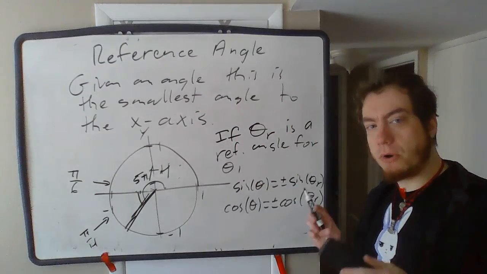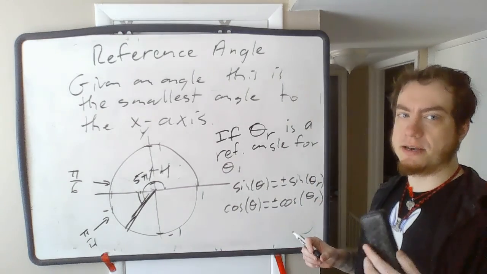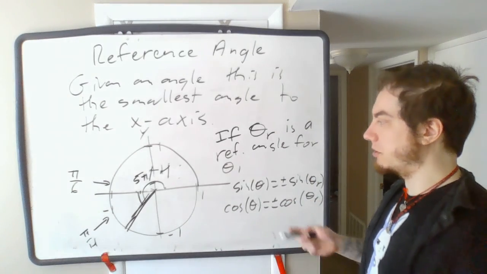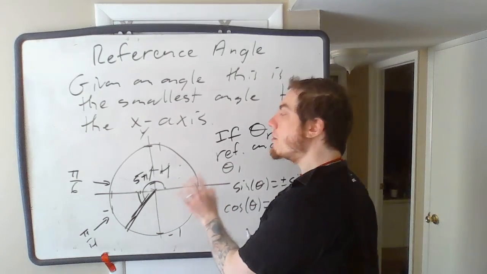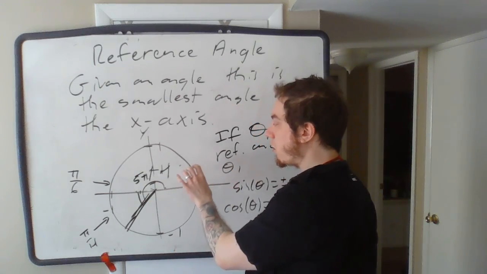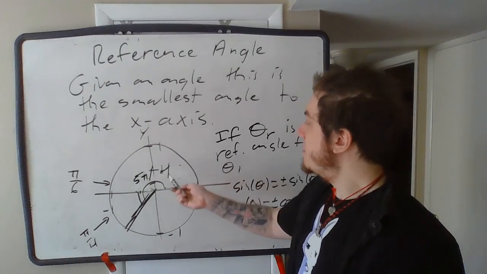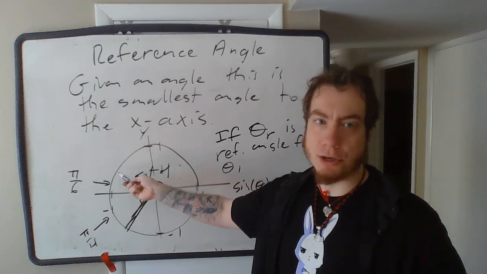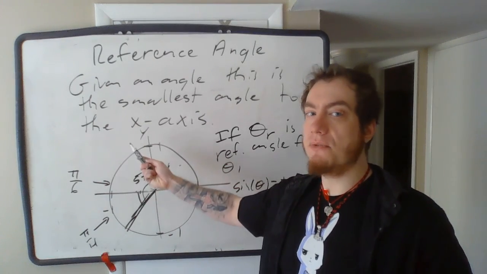And remember, you don't have to just memorize which quadrants sine is positive in, which quadrant sine is negative in, and similarly for cosine. You don't have to memorize that really, because if you remember your unit circle definition, if you remember that the sine is the y-coordinate and the cosine is the x-coordinate of the terminal point, then you're really just asking, in this quadrant, is my y-coordinate positive or is it negative?